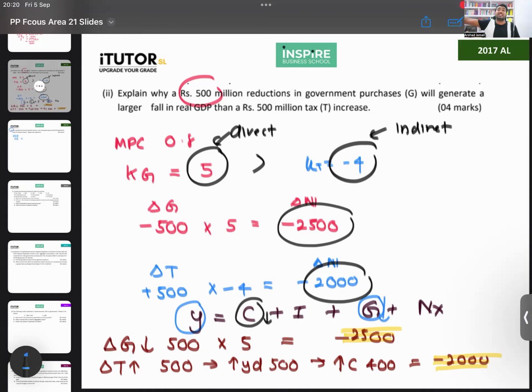Then only it affects national income. So a change in tax has an indirect impact, and therefore doesn't have a big impact on national income. Government spending has a bigger impact. That's why the government spending multiplier is larger than the tax multiplier. That story is what you have to explain. You can put in an example and explain this as well.